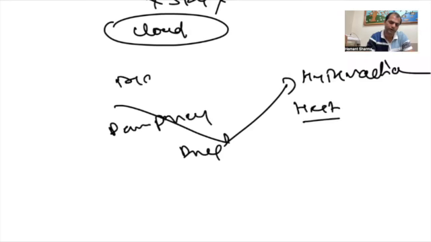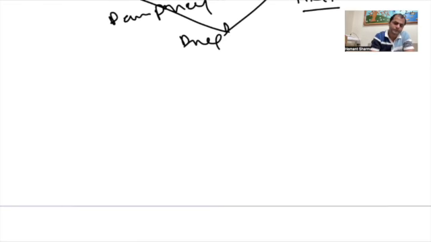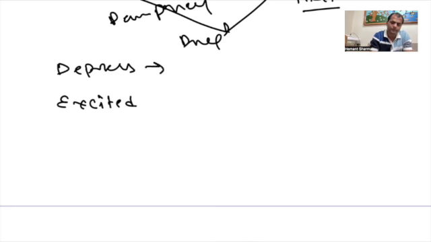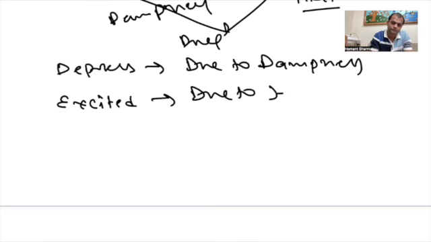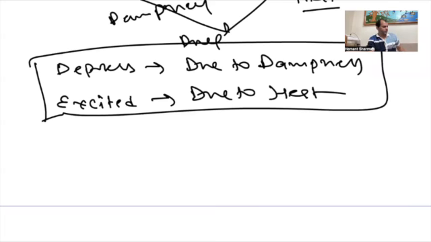This condition is called mania, meaning emotional fluctuation. तो व्यक्ति को मैनिया होगा. मैनिया का मतलब है कि व्यक्ति का दिमाग स्थिर नहीं होगा. एक पल में डिप्रेस, पल भर में एक्साइटेड. Depressed is due to dampness, excited due to heat. तो व्यक्ति एक पल भर में डिप्रेस होगा, एक पल भर में एक्साइटेड होगा.